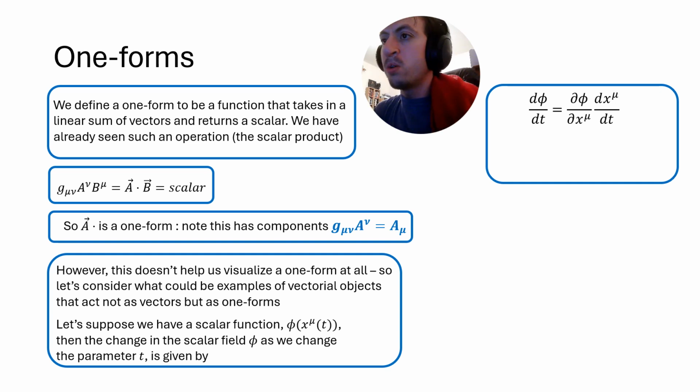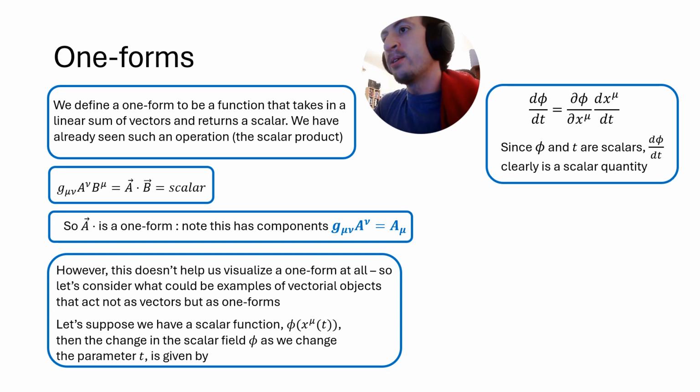Well, it changes according to this law by the chain rule. Now, if φ is a field with components along multiple axes, the partial derivatives are different from the ordinary derivatives. And this is very important if we're distinguishing between components of a one form and components of a vector.